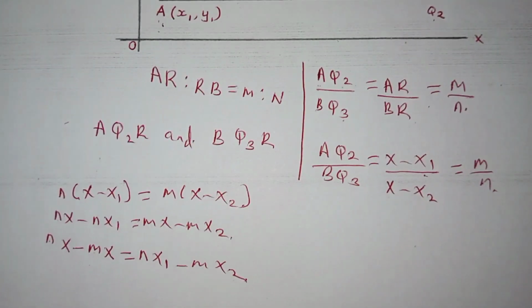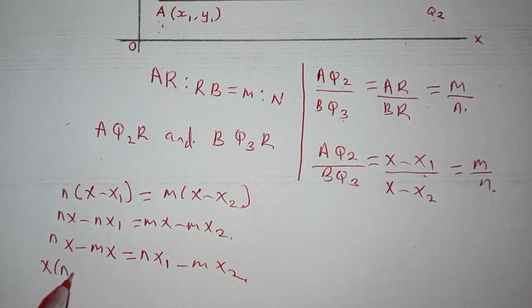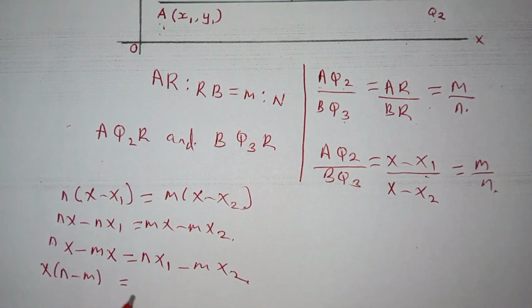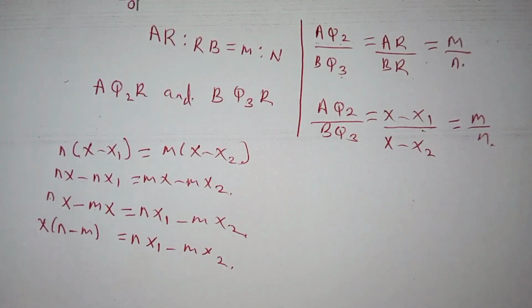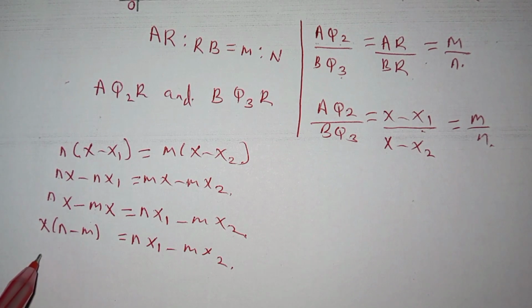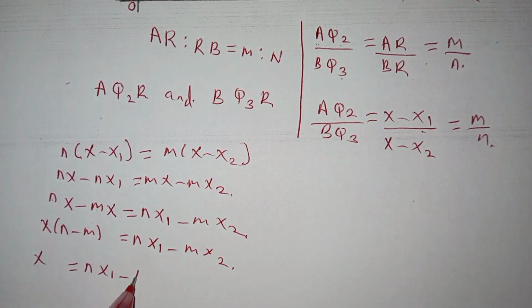We can factor x here, so x into bracket n minus m, which is the same as nx1 minus mx2. Then we can divide by the value of n minus m. So x is the same as nx1 minus mx2 divided by n minus m.